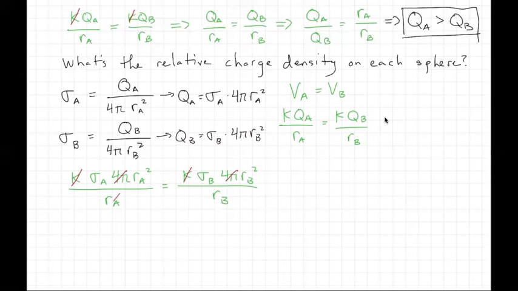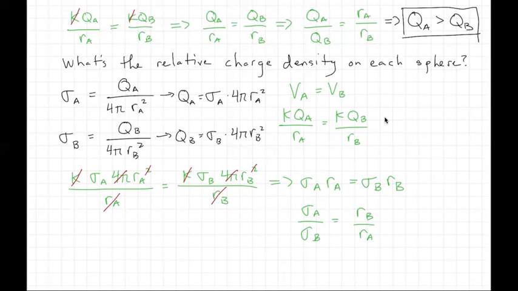I can cancel one factor of each R. And that leads to an expression that looks like sigma A RA equals sigma B RB. And if I write this as a ratio again, then sigma A over sigma B equals RB over RA.